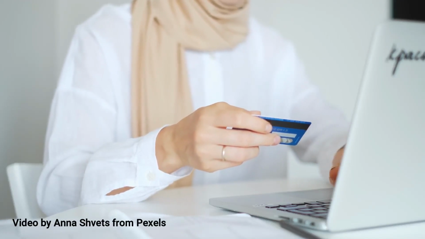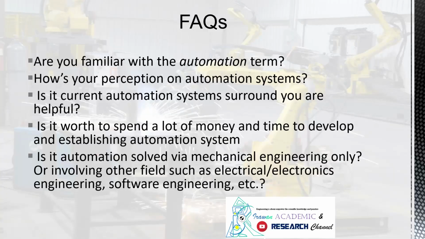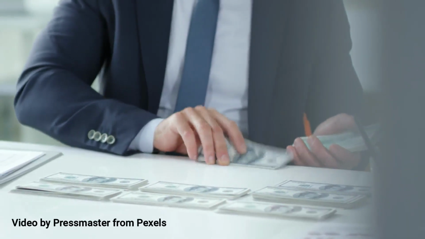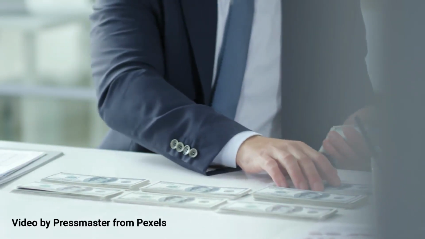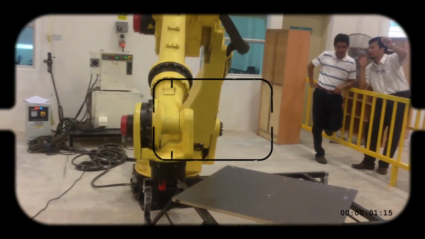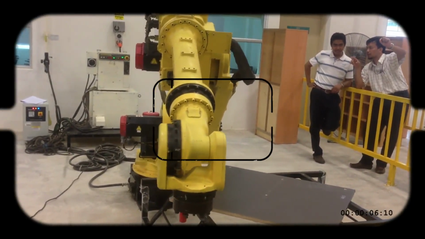I think most of you will say that, but the case now is that we need to think: is it worth spending a lot of money and budget in developing and establishing automation systems?